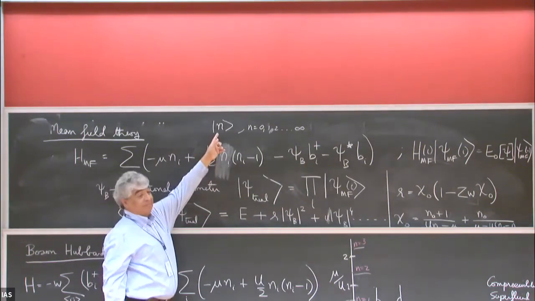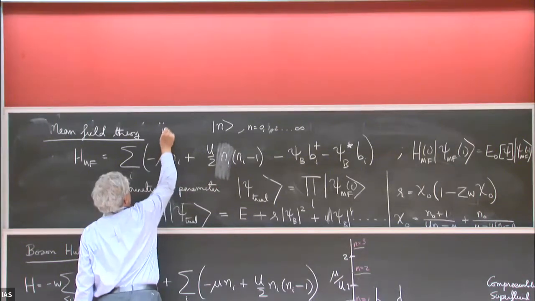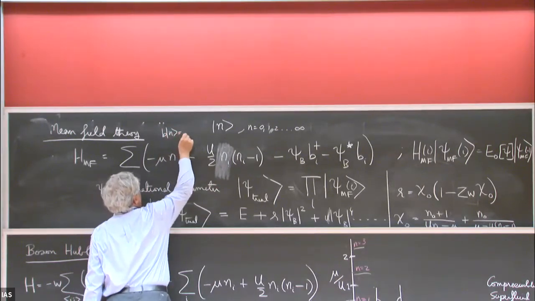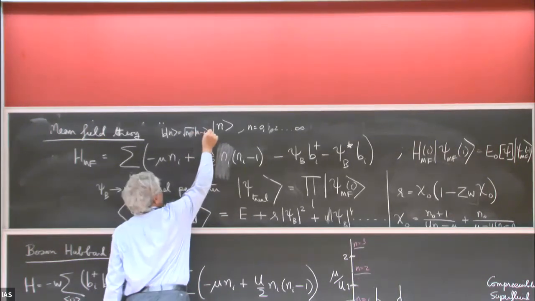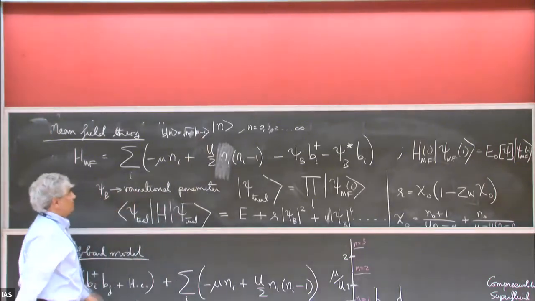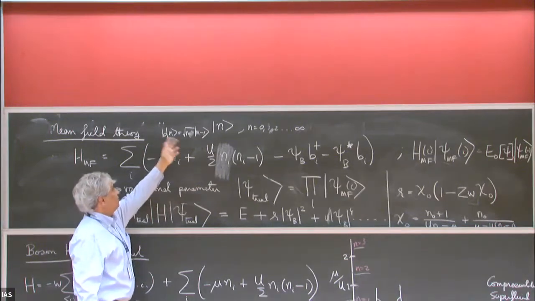So for each site, you have these n boson states. And the action of B on these states is the usual harmonic oscillator action. Sorry, n minus 1. And similarly with B dagger. So this is the action of B on these states.